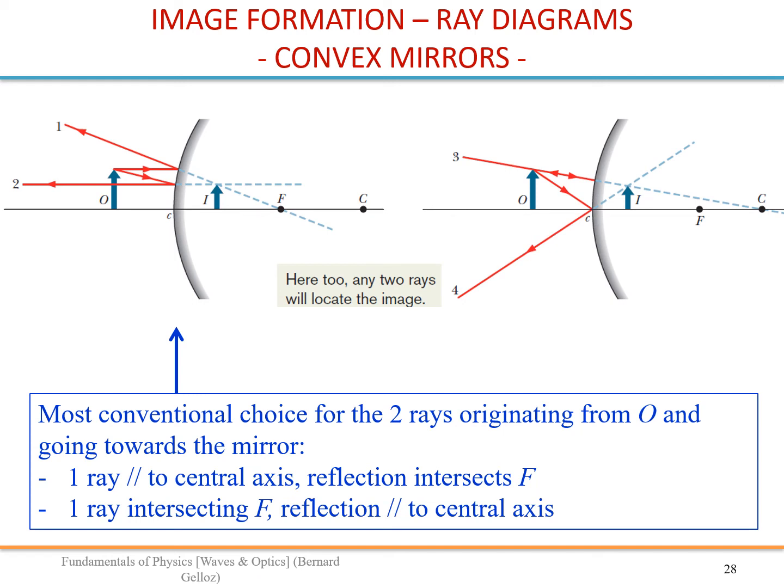So it is this ray. It would intersect F, and it is reflected parallel to the central axis in this way. Now you have your two rays, this one and this one, and they intersect in the virtual world here. So this is your image, and it is a virtual image in this case.